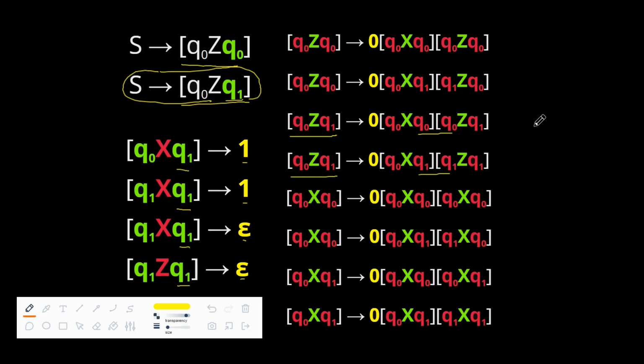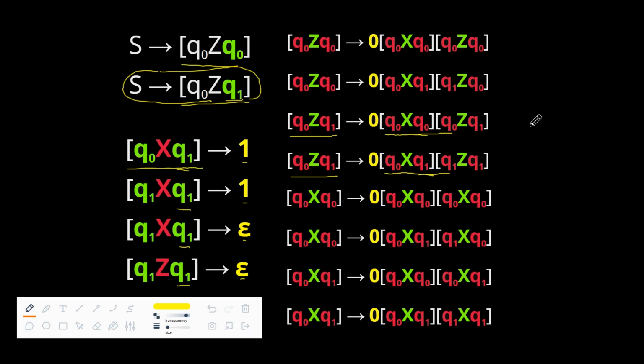But again, we'll notice that if we want to replace this eventually later, there are no replacements for Q0 X Q0 that is a terminal, right? Because the only replacement for a terminal could be if it was Q0 X Q1, and that would become 1 later on, right?